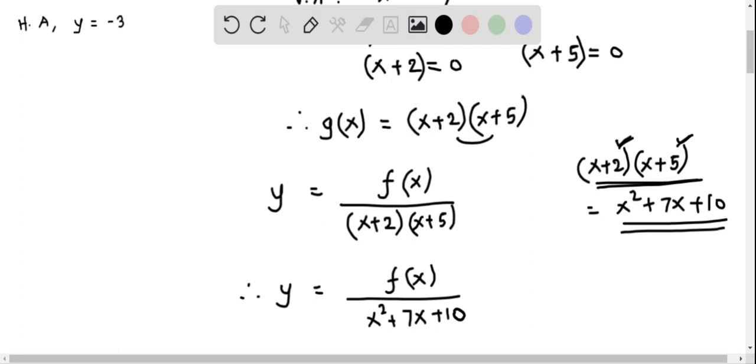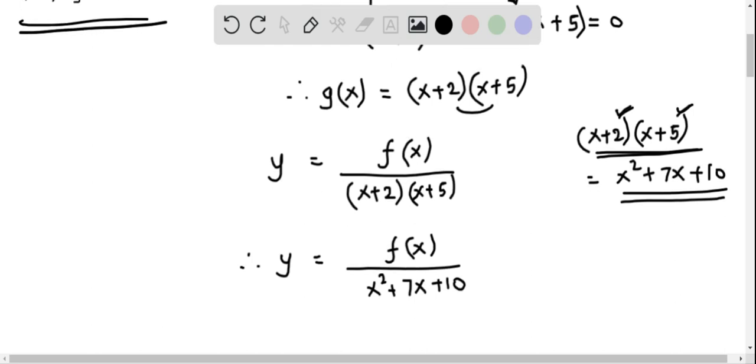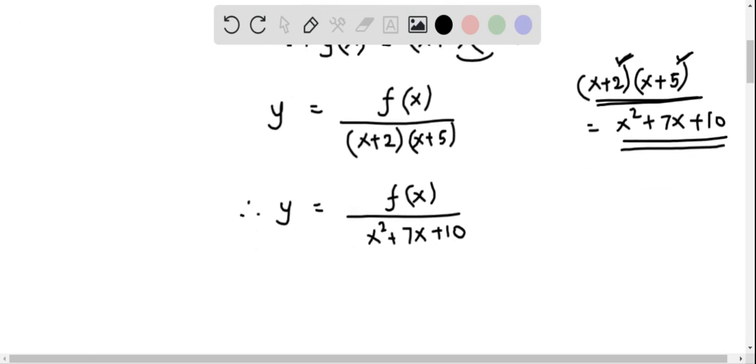Now we are going to use the other information, that is the horizontal asymptote is at y equals -3. When we are finding the horizontal asymptote of a rational function, we always consider the highest degree of both the numerator and denominator and then divide their coefficients.